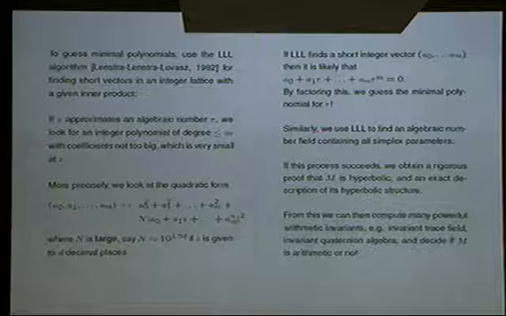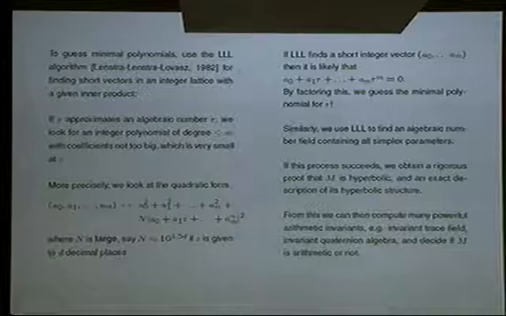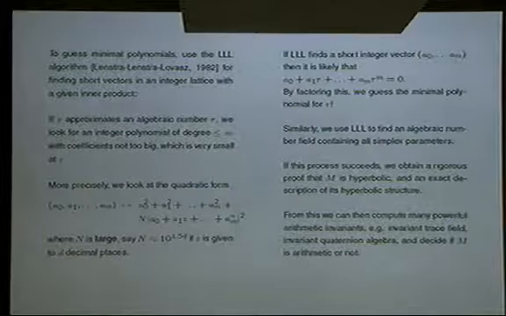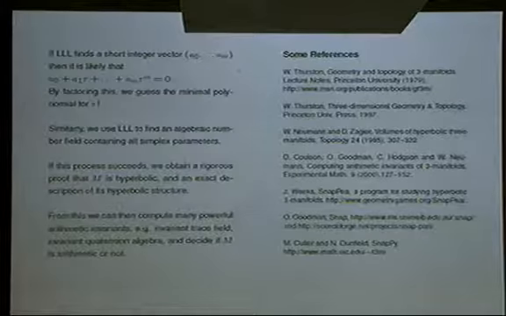You can start computing many other interesting invariants, things like the invariant trace field and invariant quaternion algebra. I guess Walter will probably talk more about these later. You can also decide, for instance, if the manifold is arithmetic or not. So this gives you a whole other class of powerful invariants of the manifolds.